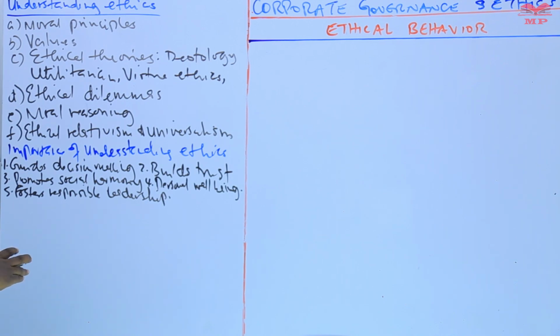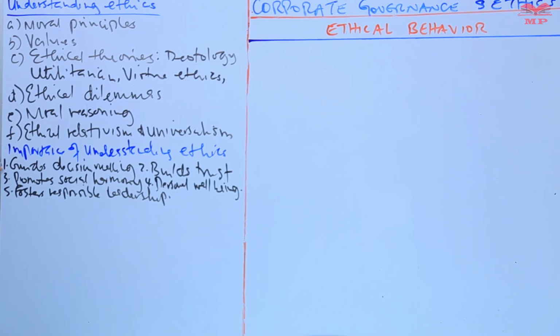So that's what we can say about understanding ethics. We've seen that to understand ethics, one has to have a knowledge of moral principles, values, ethical theories, ethical dilemmas, moral reasoning, and ethical relativism and ethical universalism. You've gone ahead to outline the importance of understanding ethics.